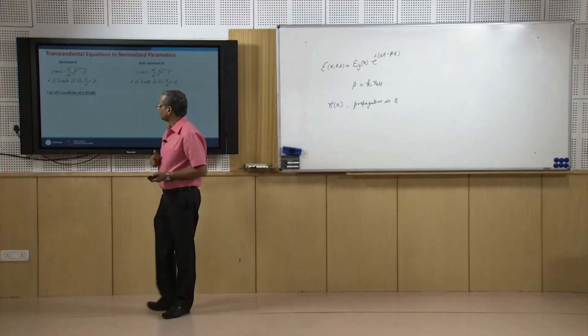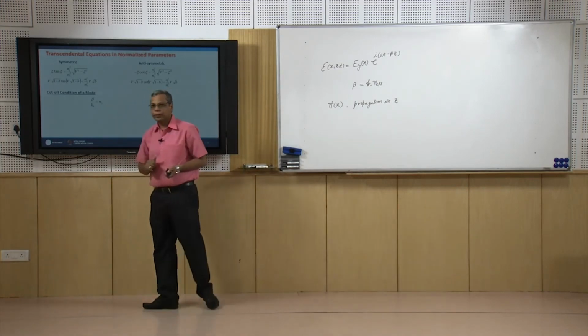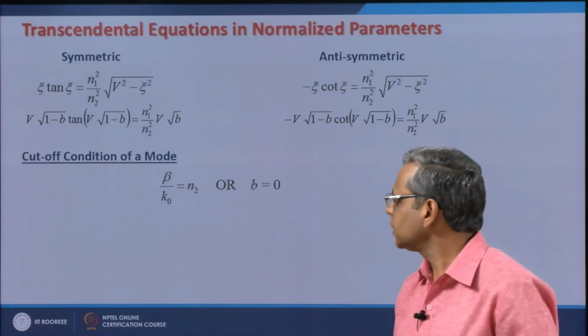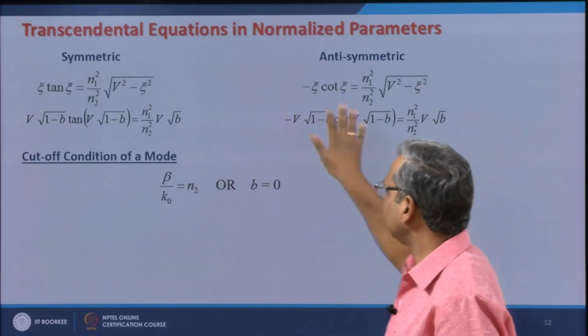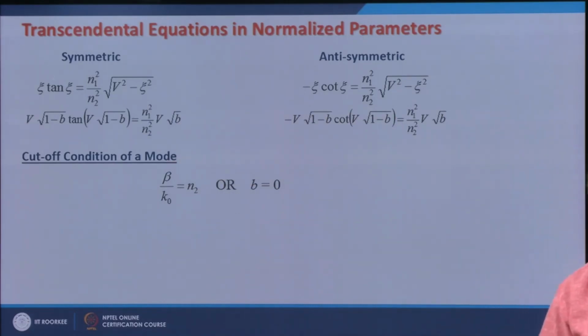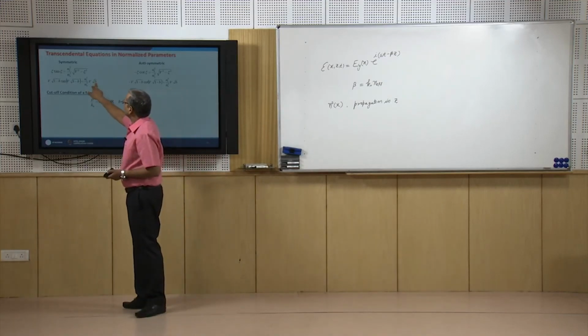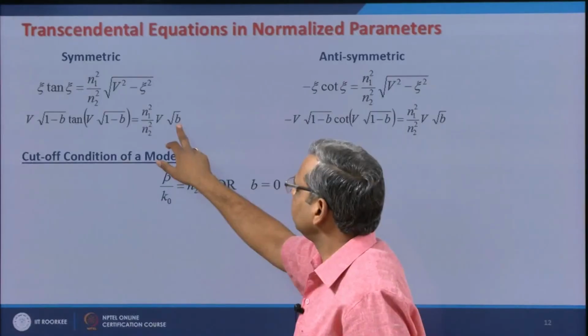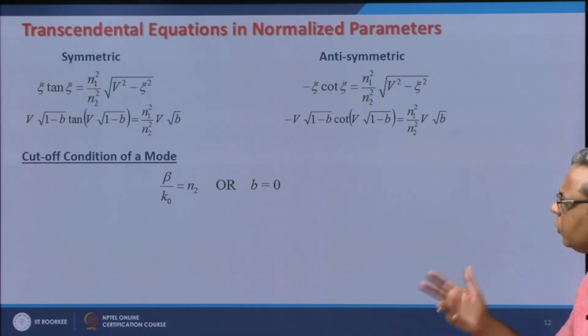Cutoff conditions. What are the cutoff conditions? Well, beta over k naught should be equal to n2, which means b should be equal to 0. If I put b is equal to 0 here and here, I will get the cutoff conditions for symmetric and anti-symmetric modes, and since b has to be 0, this factor is absorbed in 0. So, it would not have any effect on the cutoffs.